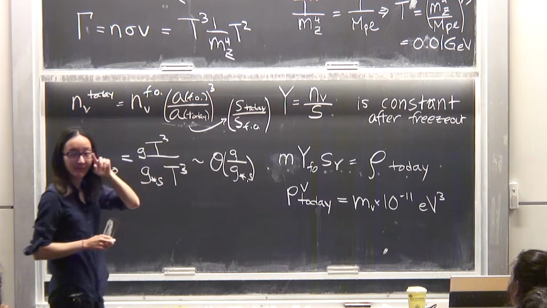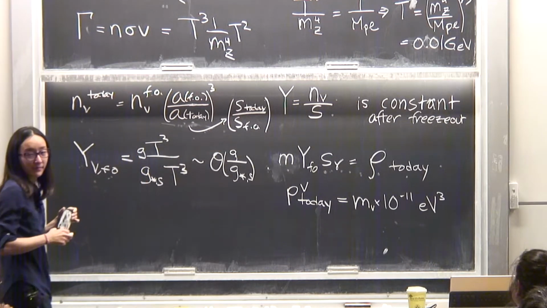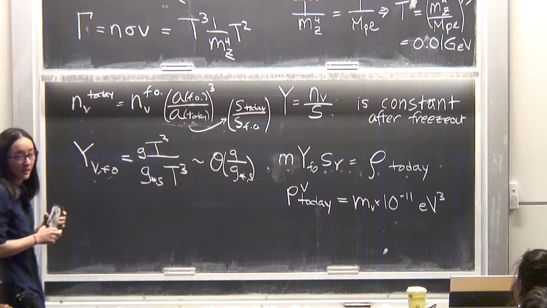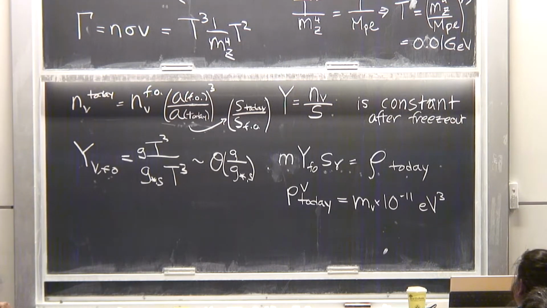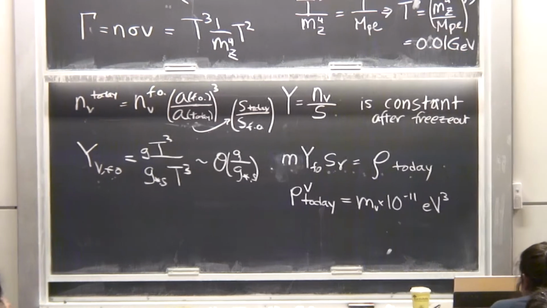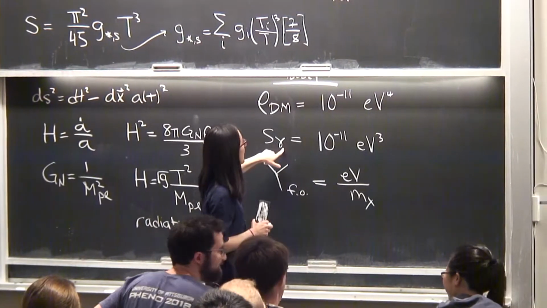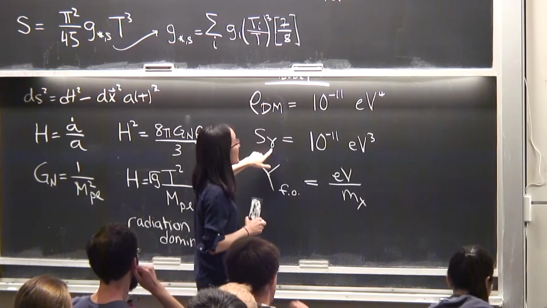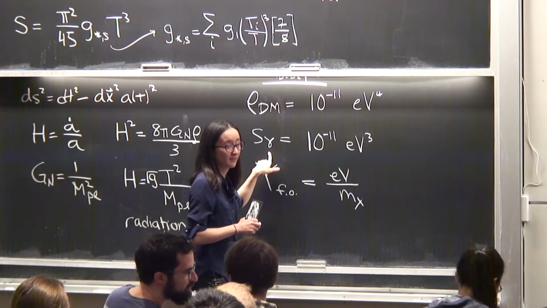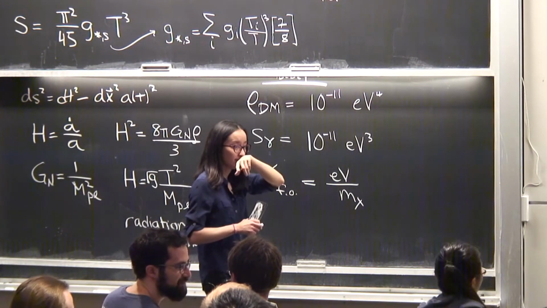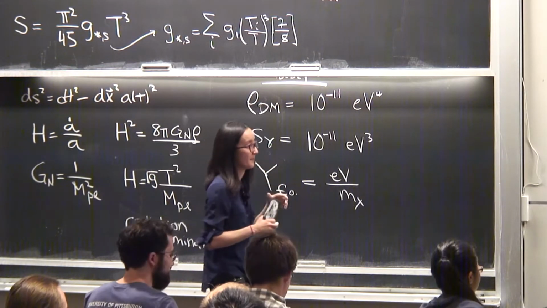I think the question is, why is it S gamma as opposed to S total? Why is it just the radiation entropy as opposed to the total entropy? I'm using the radiation density because I'm tracking everything that's in equilibrium.